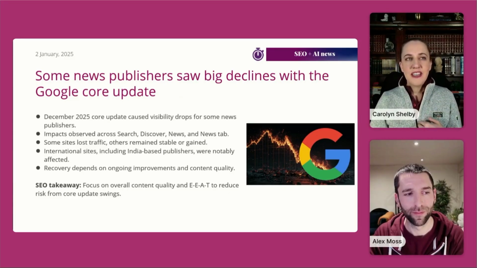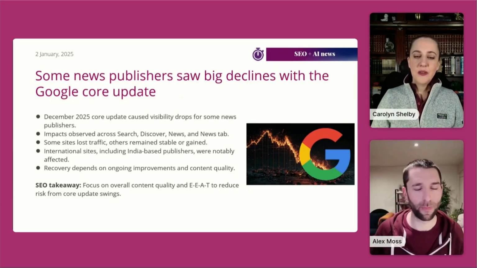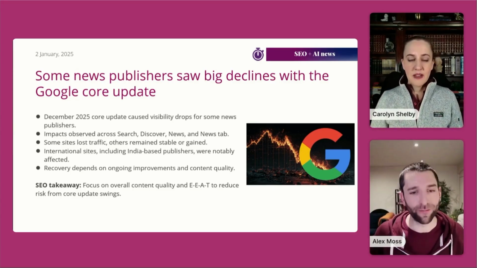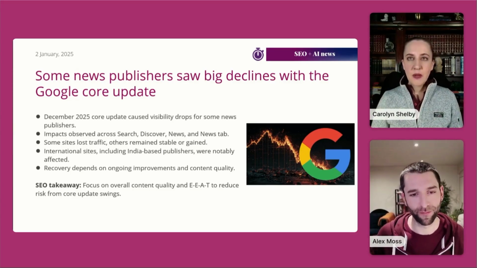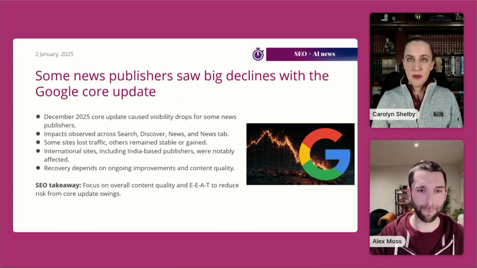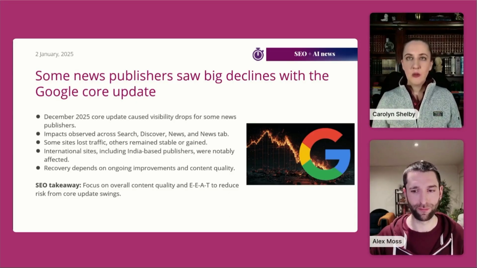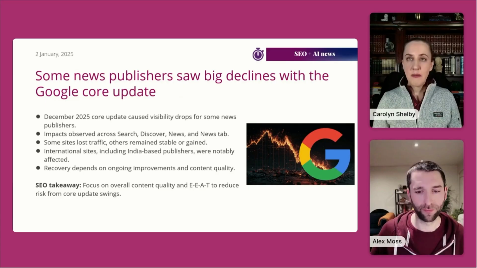The other interesting thing is that India-based publishers were, it says, notably affected. I think this was a correction, because there were a lot of Indian publishers that were outranking American publishers for American news content, and that was causing a great deal of consternation amongst the American publishers, and I'm sure they were vocal about it. So I think that correction was probably a long time coming.